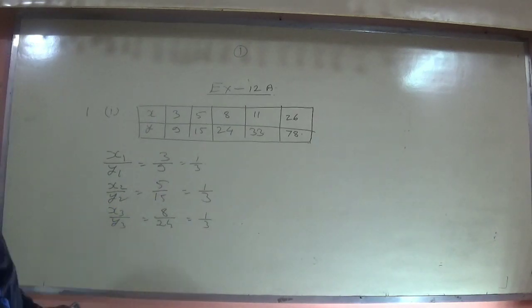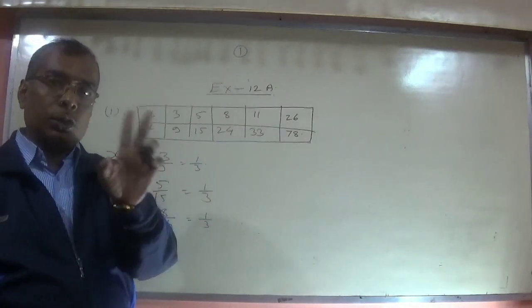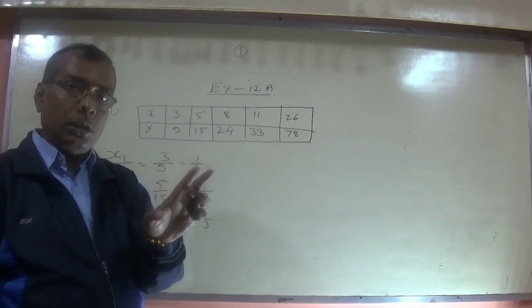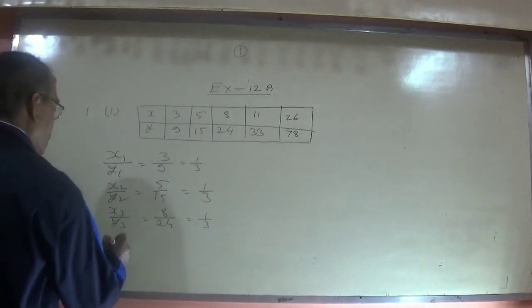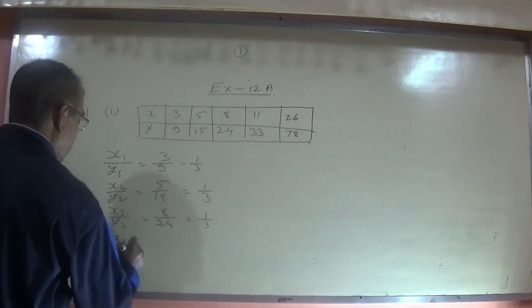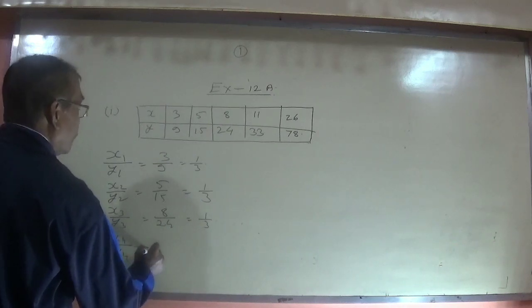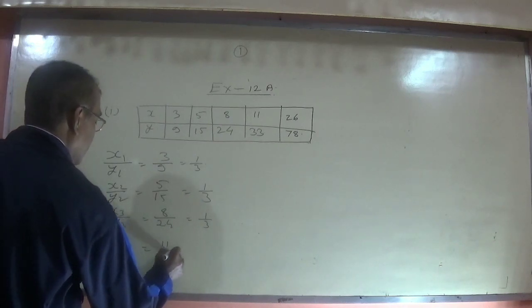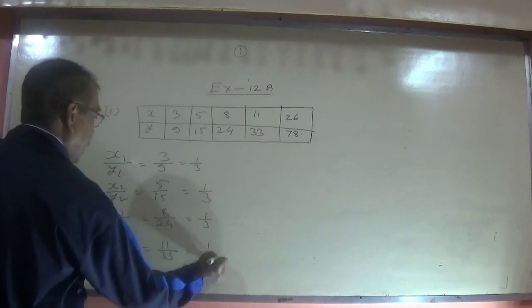You can't say that if 3 are equal, the rest will be equal. No, it is not enough. So you will have to verify all, otherwise you will be trapped. x4 by y4 means 11 by 33, which is again 1 by 3.